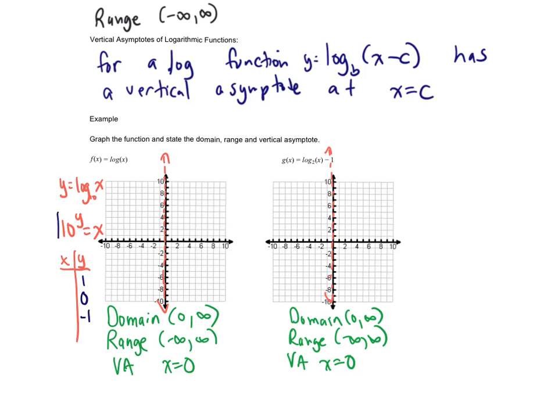So if I put the y values into my rewritten log, 10 to the first power is 10. So I get a point (10, 1), which is right there. If I do 0, I get 1, so that's (1, 0). And if I do -1, 10 to the -1 is 0.1. So really, really small.